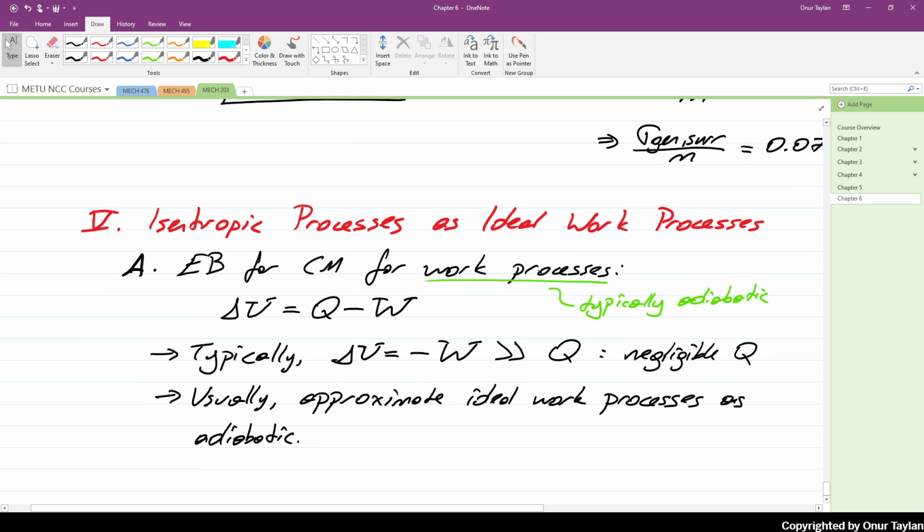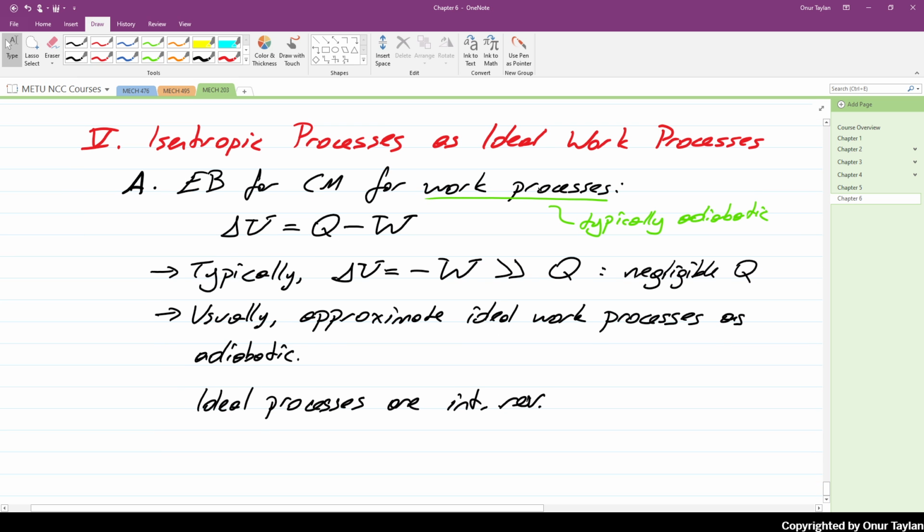And since it is ideal, they are internally reversible. So when you combine these, as I did before, it is adiabatic plus internally reversible, then it means from the entropy balance, it is an isentropic process.